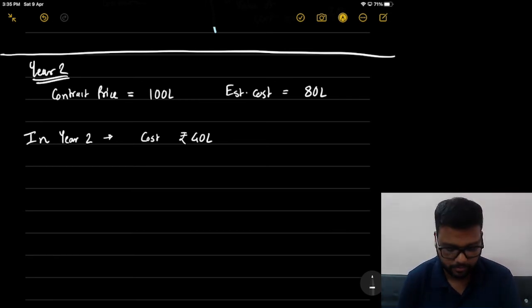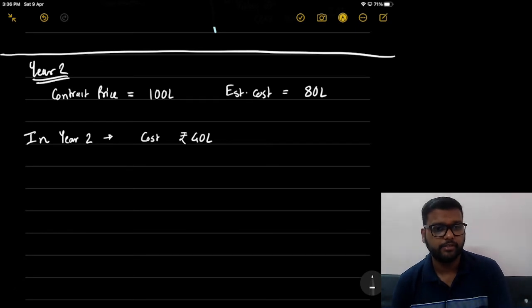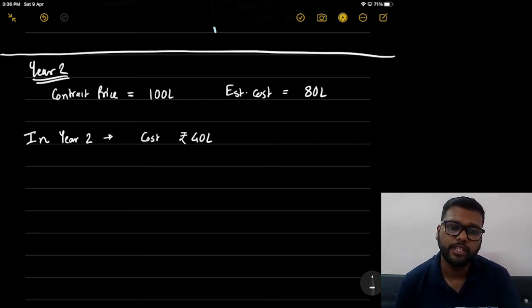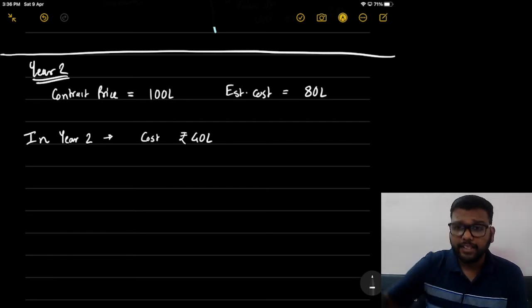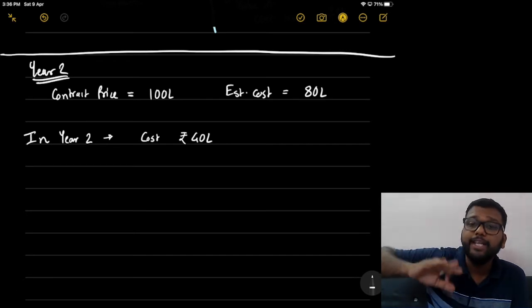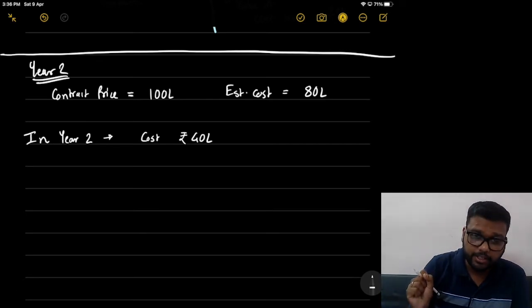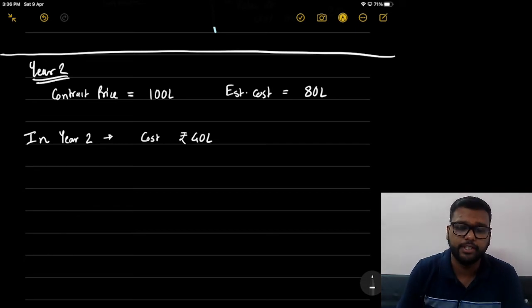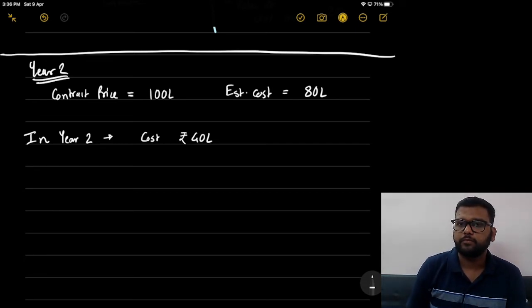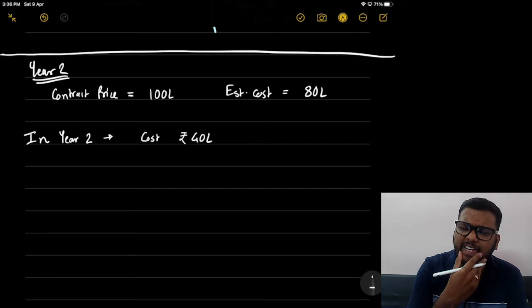Last time 20 lakhs, and this time 40 lakhs, so total we have incurred 60 lakhs, which is 75%, right? Yes, 75%. So according to us 75% is complete.